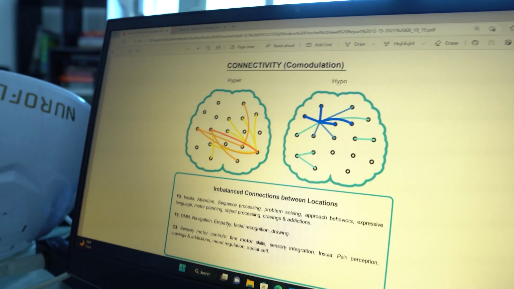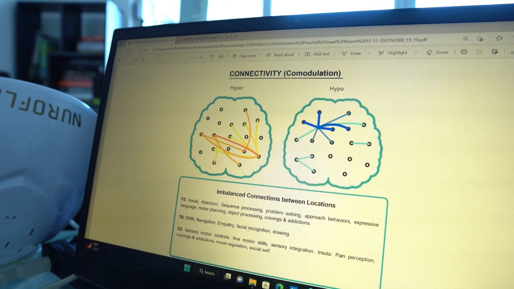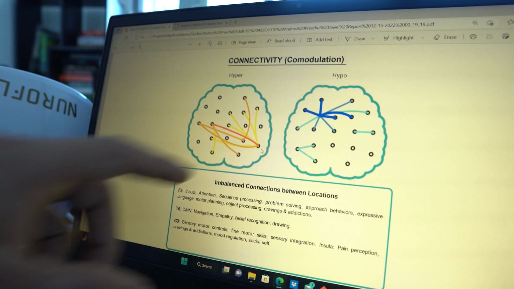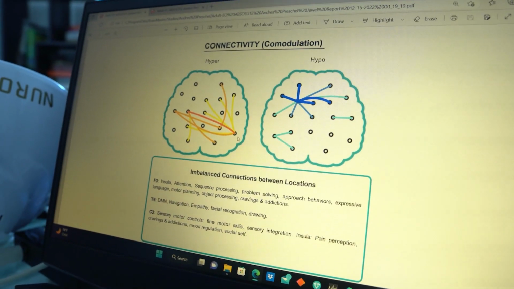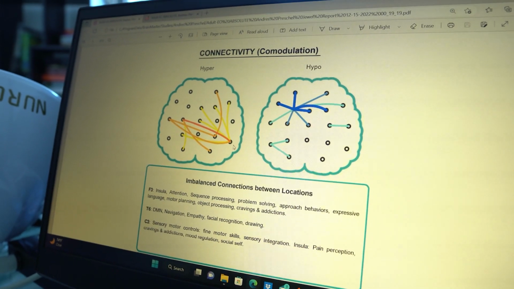So we're seeing some moderate hyperconnectivity, particularly in area T6, which is the right posterior temporal lobe, an area very involved in navigation, empathy, facial recognition. That's hyperactive or hypoactive? The connections it's sending to other areas are hyperactive. So it's basically over-communicating with all these other areas of the brain.